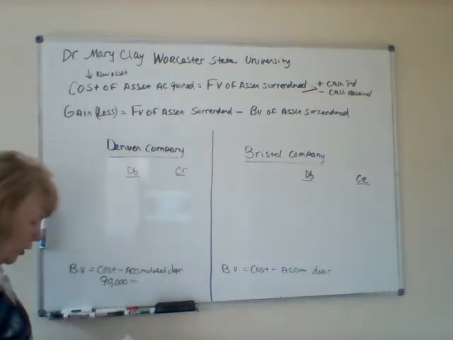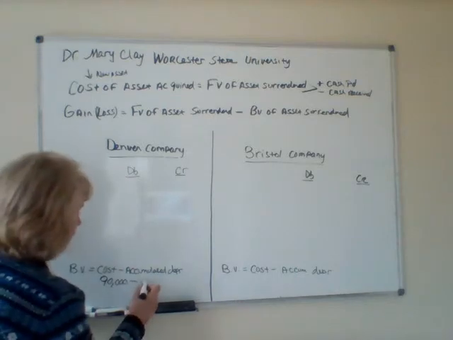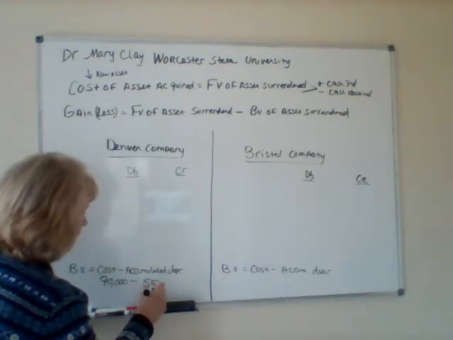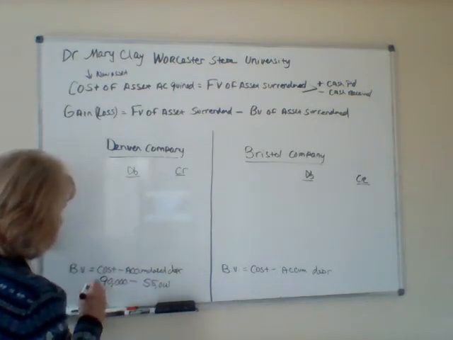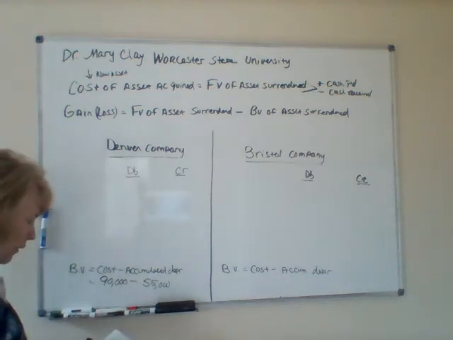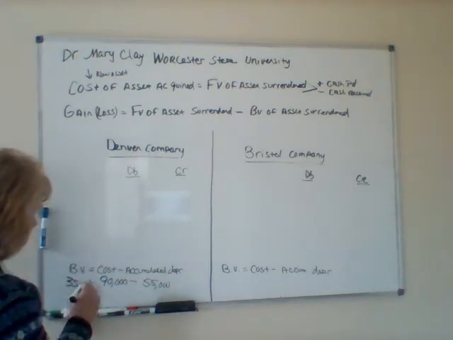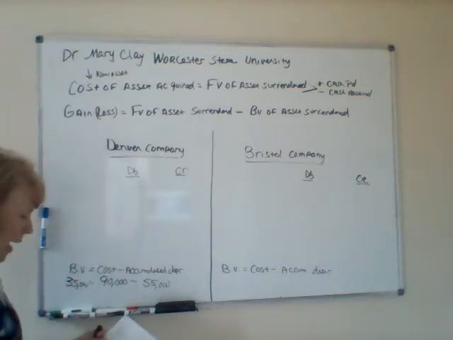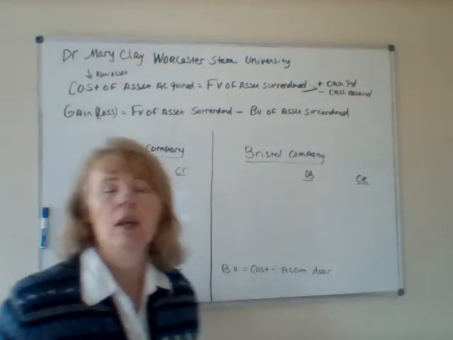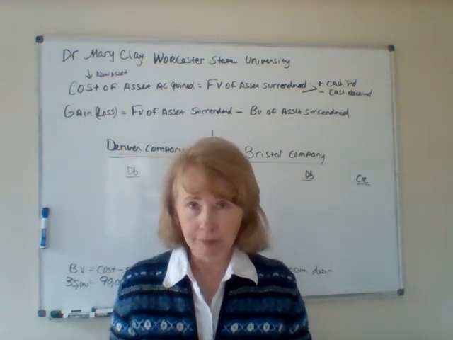Their accumulated depreciation was $55,000. Subtract the two, 90 minus 55, and that gives you a book value of $35,000. So the book value of Denver's asset is $35,000. I'm going to teach it in pieces.